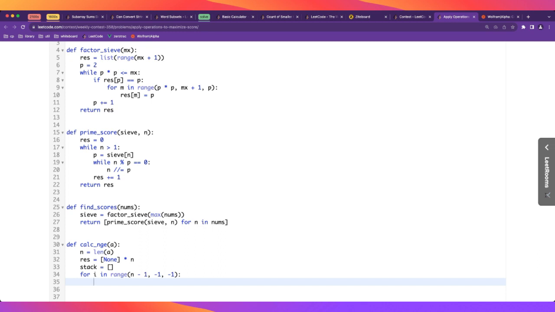That's why this is called a monotonic stack. And the reason for that is that if at any point you have an element that is less than the previous element, then that's not going to be the next greater element.